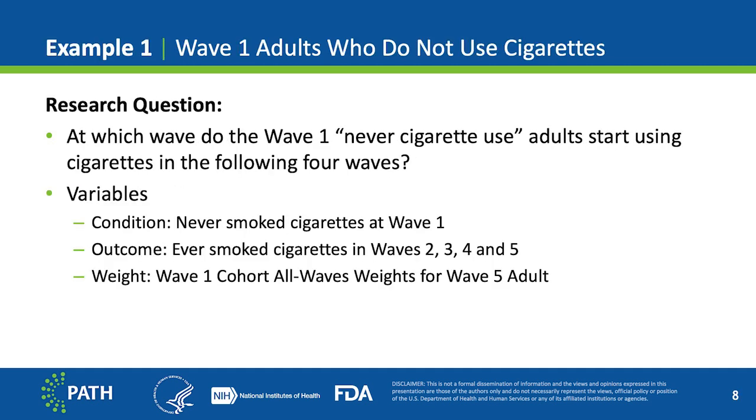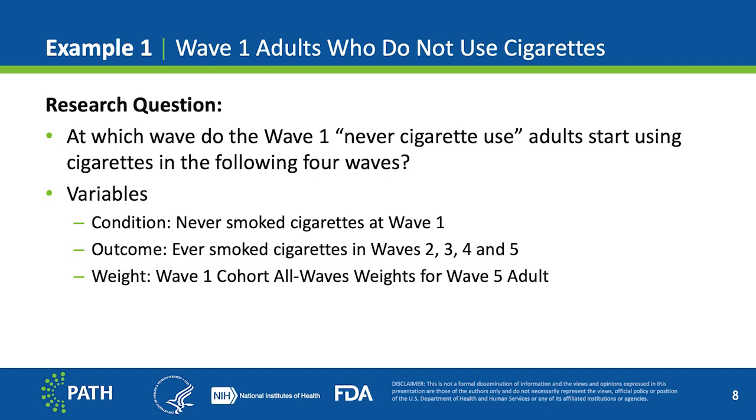We will start with a very simple example. We will look at the wave 1 adults who never smoked cigarettes, and will model their probability of beginning to use cigarettes at future waves. We will use data from the first 5 waves so that the data are right-censored. In order to do that, we need some variables from several waves.